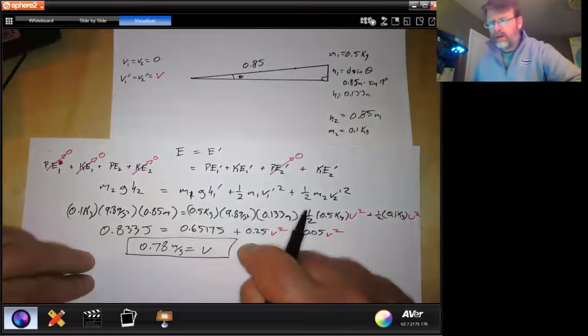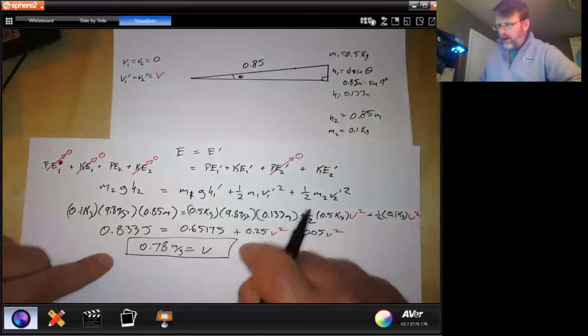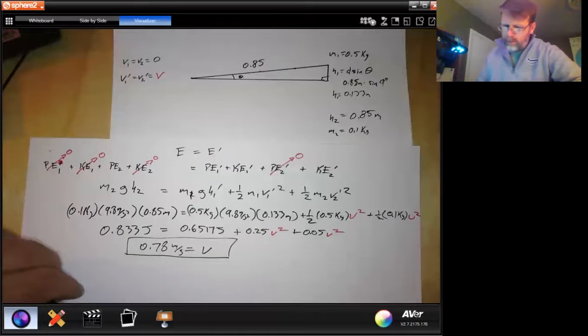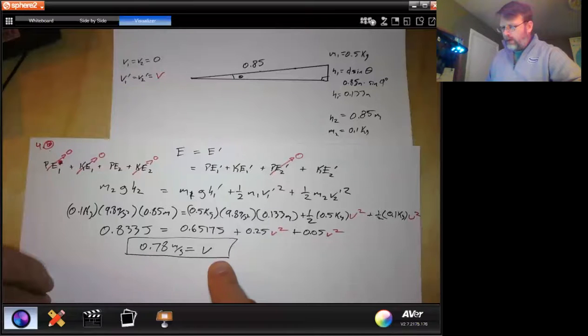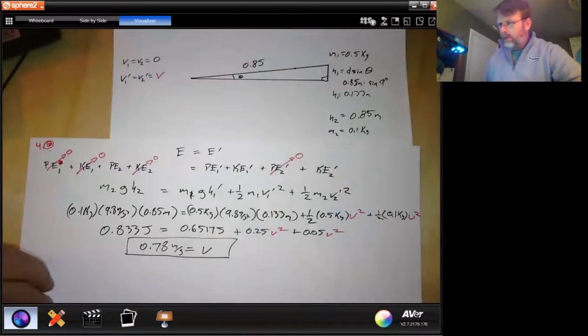There is our answer for part A. Now we have that answer based on what we have.